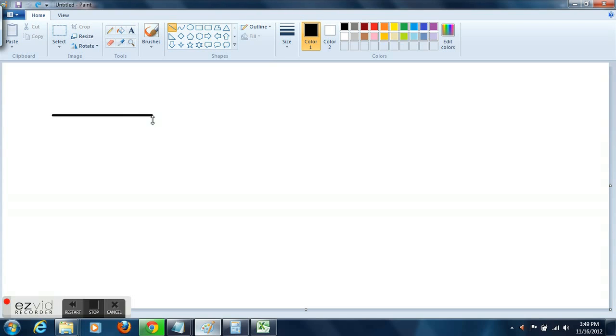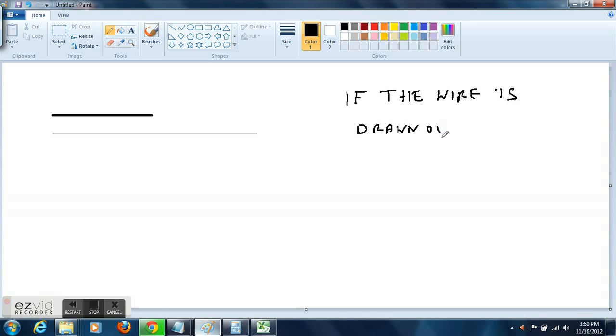So this is a piece of wire in the original condition. Next we pull it to increase the length. So when you pull the wire, since the amount of material remains the same, the wire will become thinner. That means length will become double. So when the length of the wire becomes double, definitely its area of cross section will become half, because the total volume of the wire still remains the same. So when the length is double, the area of cross section of the wire becomes exactly half.